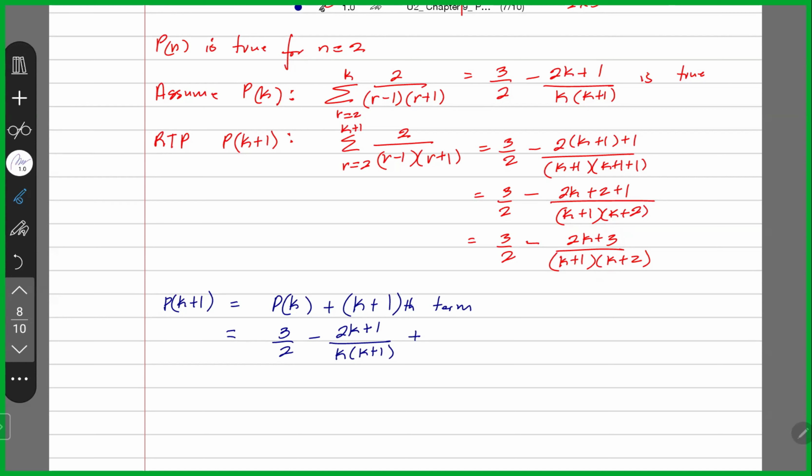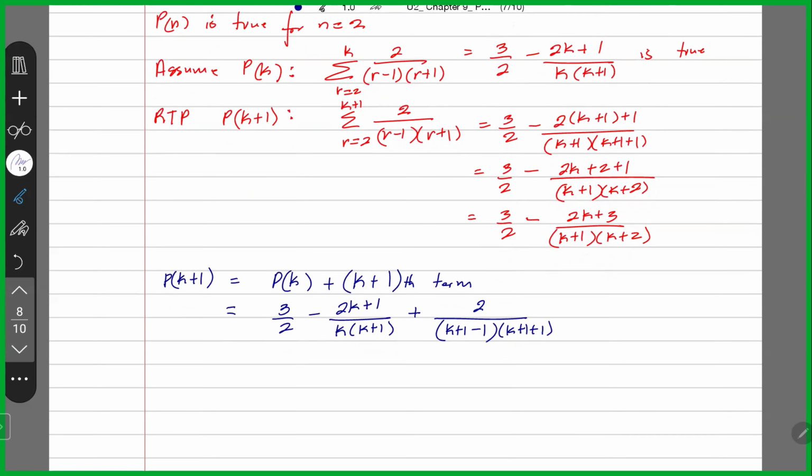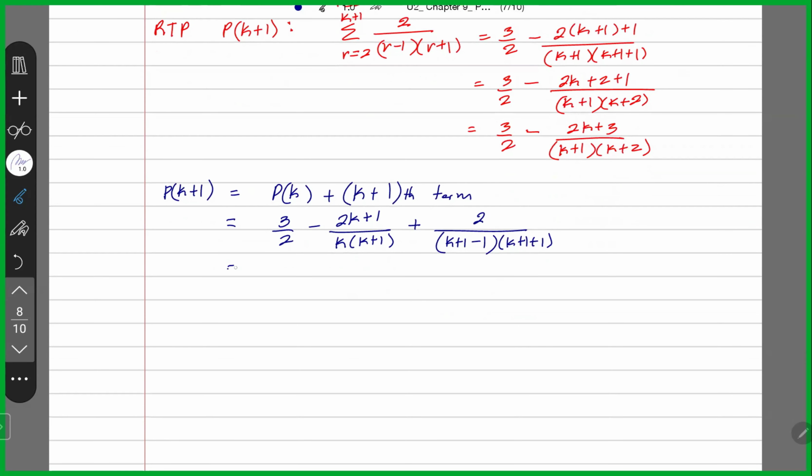Now the k plus 1 term, using the general term, is 2 over (k plus 1 minus 1) times (k plus 1 plus 1). So this is actually equal to 3 over 2 minus (2k plus 1) over k into (k plus 1) plus 2 over k into (k plus 2).